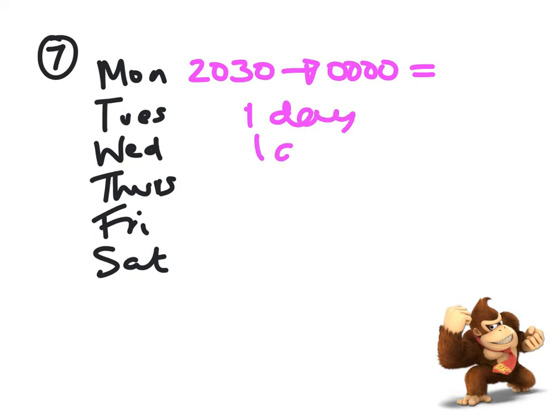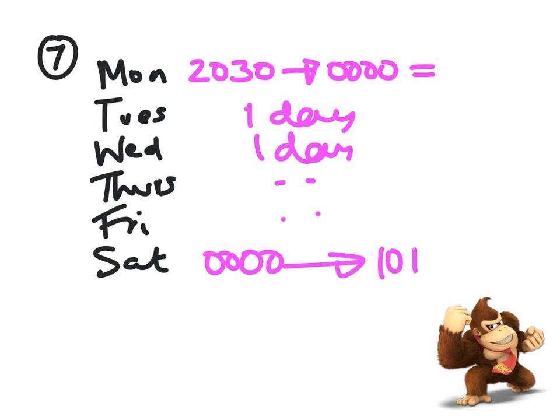Similarly for Wednesday and Thursday and Friday. On a Saturday it sails from midnight until it reaches its destination at 10:15. So you know how long that is. All you've got to do is count up the number of days, count up the number of hours and minutes, and you've got your answer. There are other ways of setting that one out.